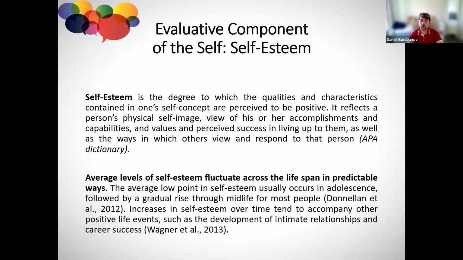Average levels of self-esteem usually fluctuate across the lifespan, which is totally normal. And usually it happens in predictable ways. For example, adolescents, like teenagers, often have lower self-esteem compared to adults, because they haven't had enough life experience and haven't achieved much, so they are inexperienced.